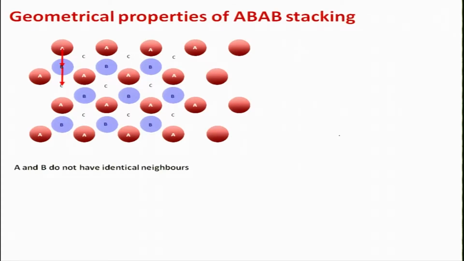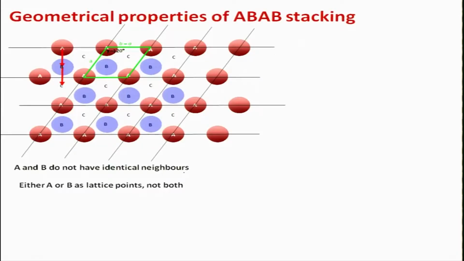So here the reason why it is a primitive unit cell is that A and B do not have identical orientation of neighbors. You see, the definition was that if lattice points are the same, they must have identical neighborhood. Here they do not have identical neighborhood because of the presence of a vacant, let us say, C position, or there is no C position as such.